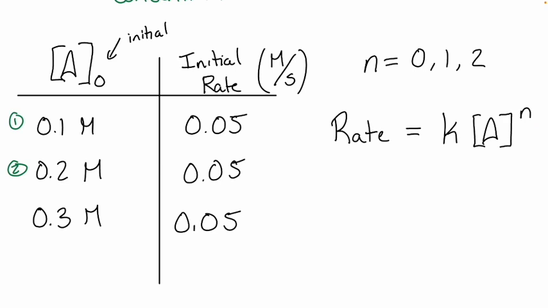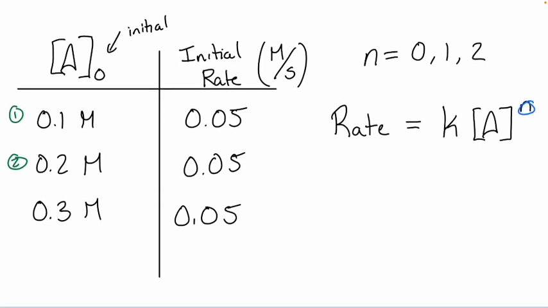All right, but now we want to figure out what our actual rate constant is for this reaction. So how are we going to get that? Well, now we know n. So we've only got one missing variable in this equation. So now we just have to pick one data point and plug it into our equation now that we know our order.